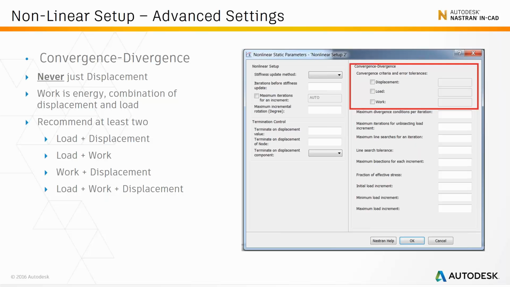Preferably, you should be choosing at least two of those options, whether it's load and displacement, load and work and displacement, or potentially all three of them as well. So please be aware that if you are going to go into this environment and make some modifications, then the selection of these will dictate the accuracy of the results that you're getting.